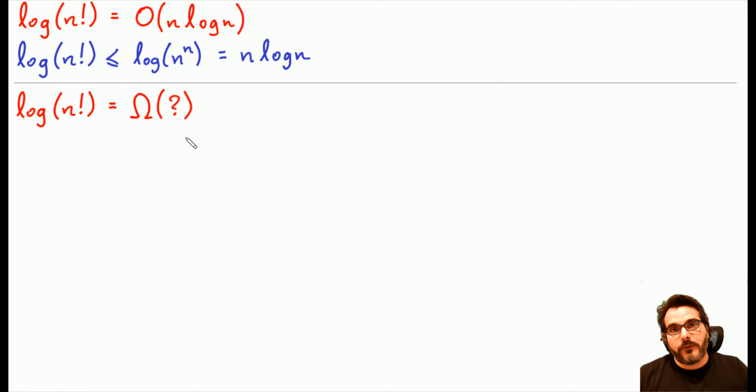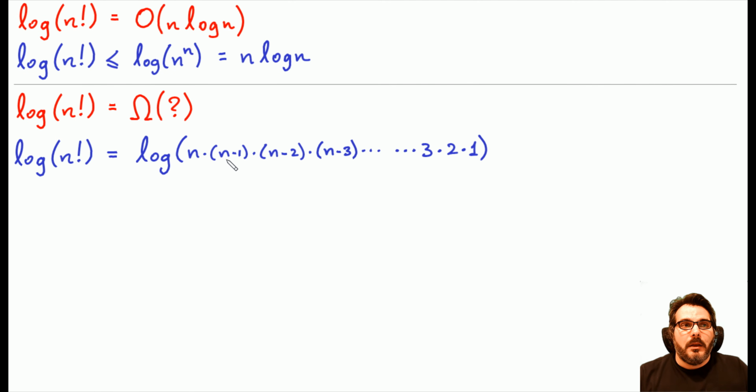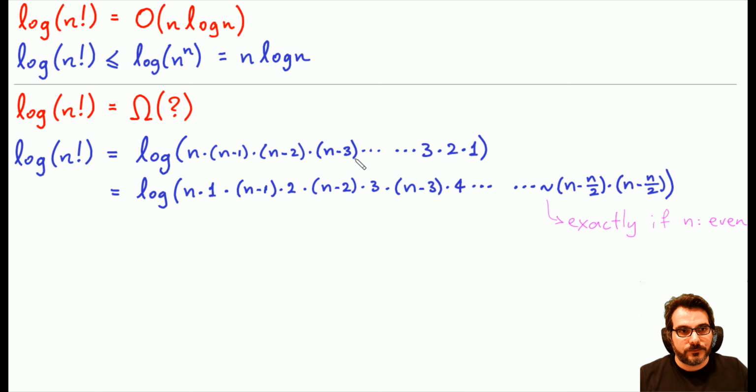How about the lower bound? For the lower bound, some omega notation, and now we are just writing n factorial: n times n minus 1 times n minus 2 times n minus 3, down to 3 times 2 times 1. So this is the factorial of n. We'll be doing some mathematical trick here. I'm saying, there are n elements here, and you just multiply them.